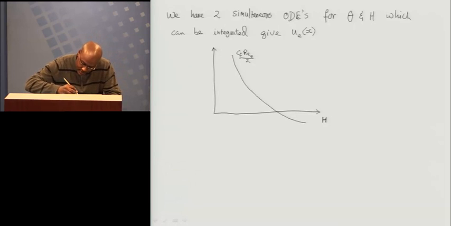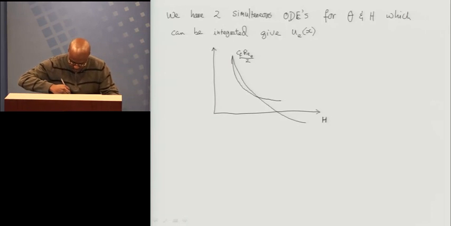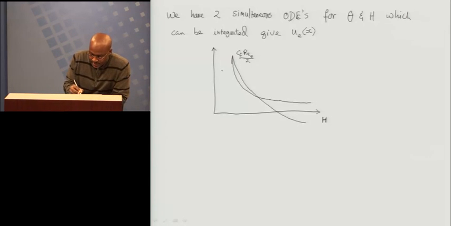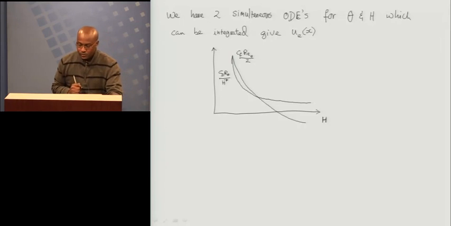So it looks like this. Okay, and this is the CD times R theta over H star.